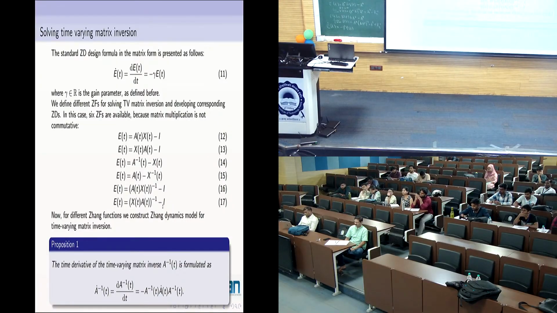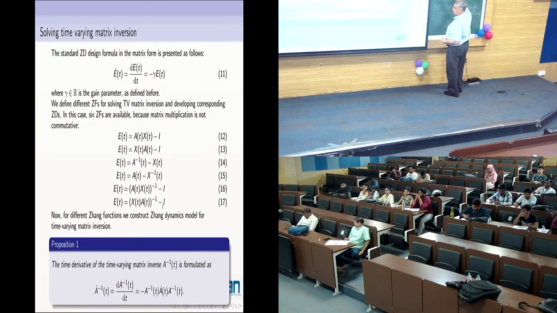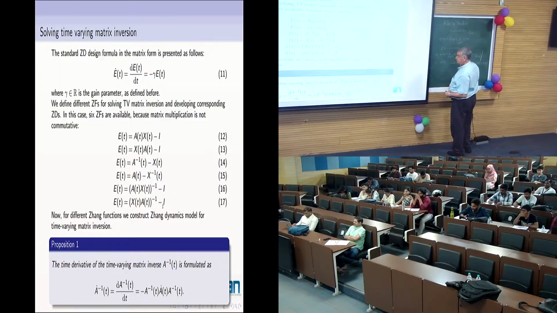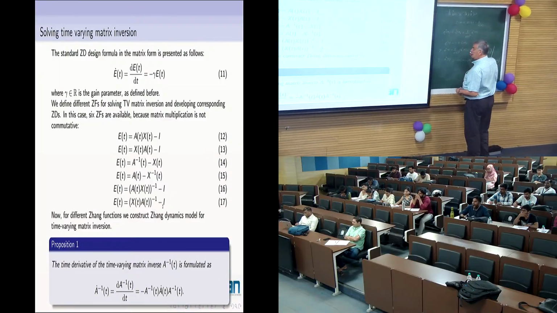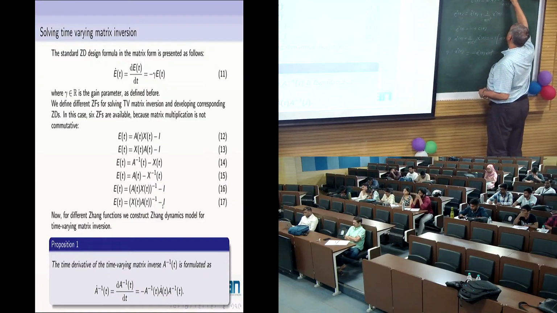The derivative of A minus 1 of t equals minus A minus 1 of t, A dot of t, again A minus 1 of t.